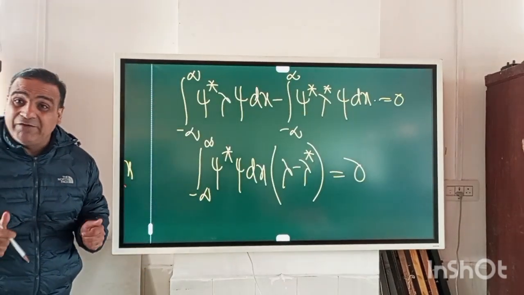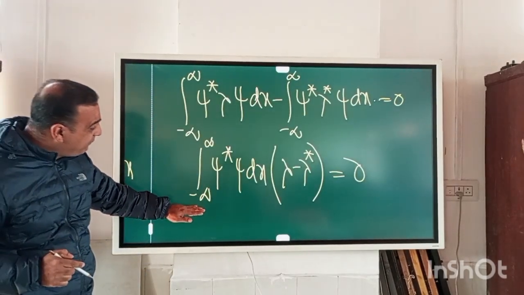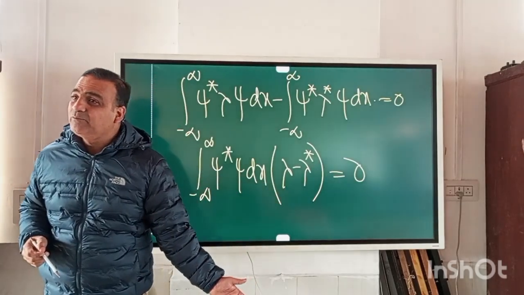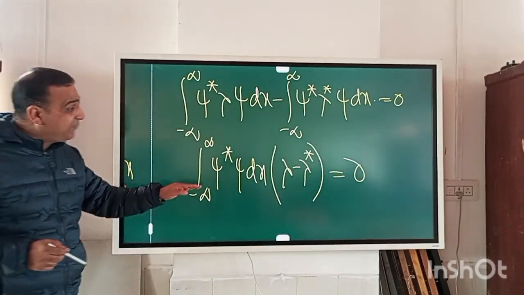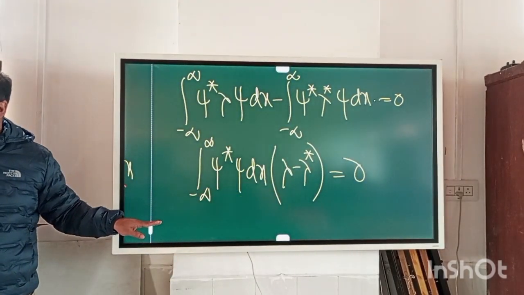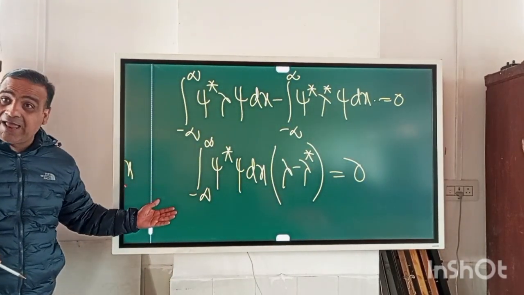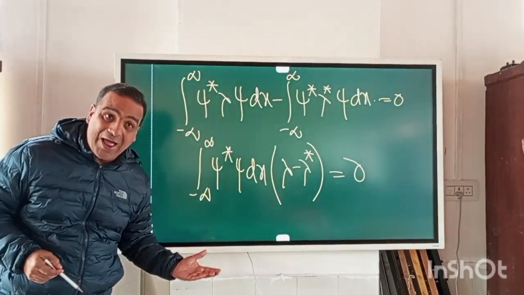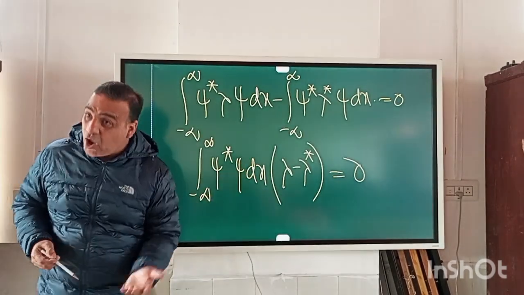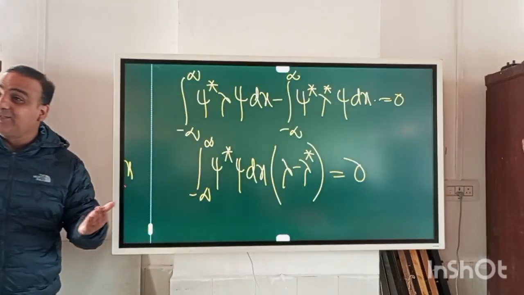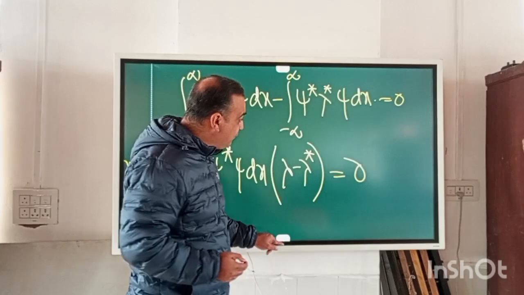It's a normalized wave function. You have a product between this integral and this thing. Their product is 0. If their product is 0, either of the two things has to be 0. But what is real for us? Real for us is that this integral is equal to 1. So this integral is not equal to 0. Then what is equal to 0? Lambda minus lambda star is equal to 0.